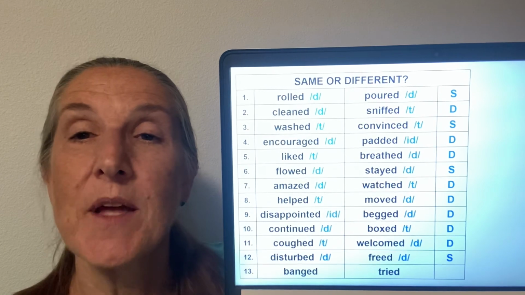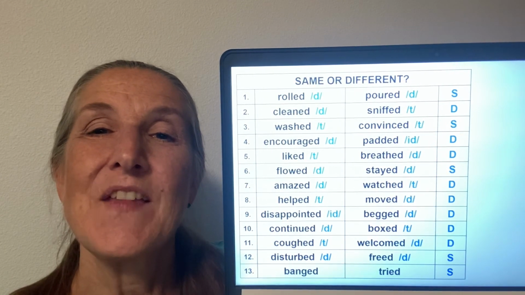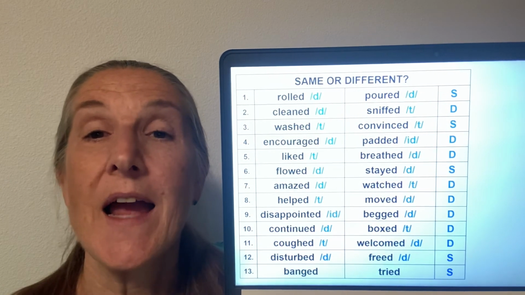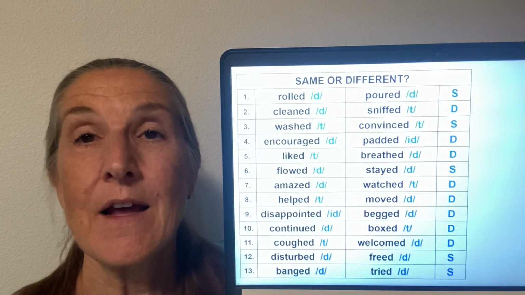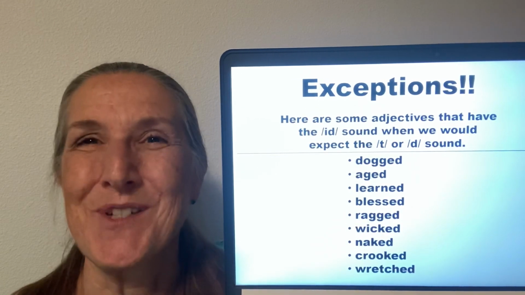And our last one, lucky 13, these are also the same. We have banged and tried, both ending with that D sound. Now, as with many, many rules in English, there are exceptions.